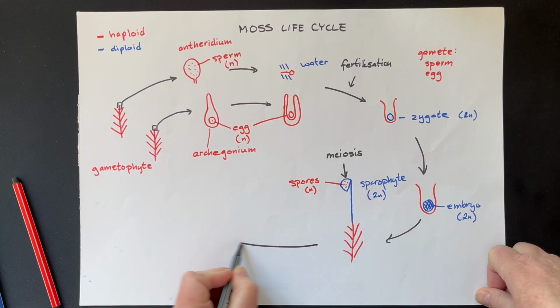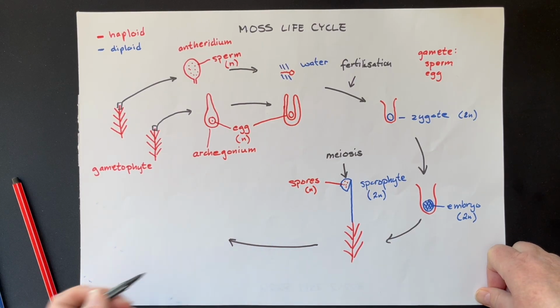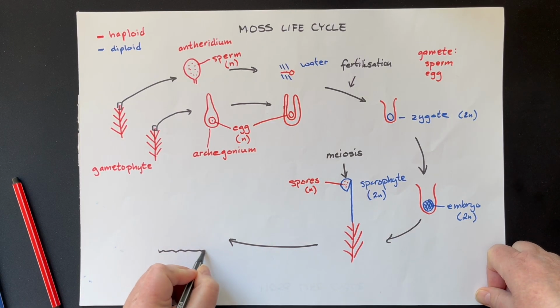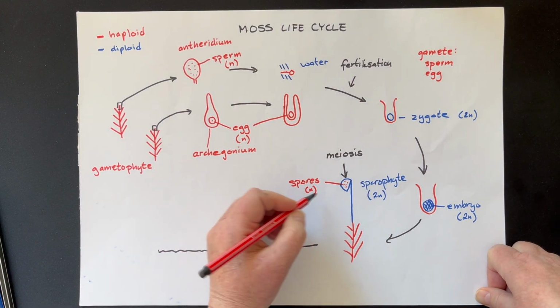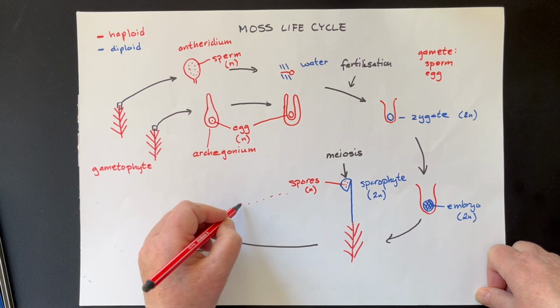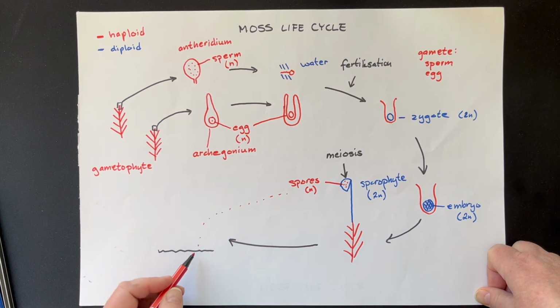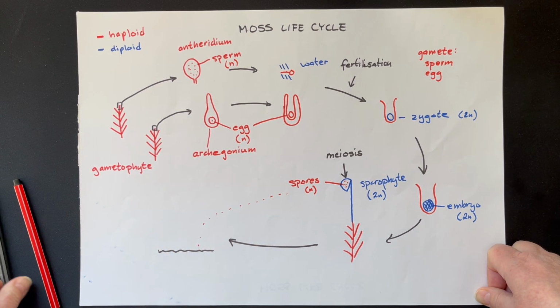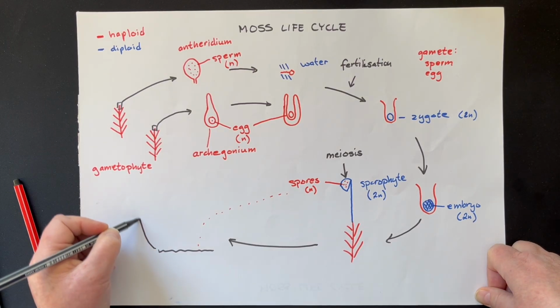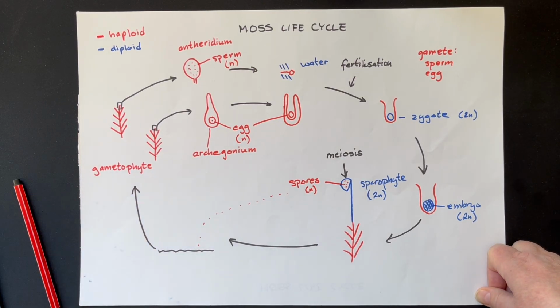Then the spores are being released. This is the ground. The haploid spores are being released by air, fall down on the ground and start growing and will eventually turn into new gametophytes.